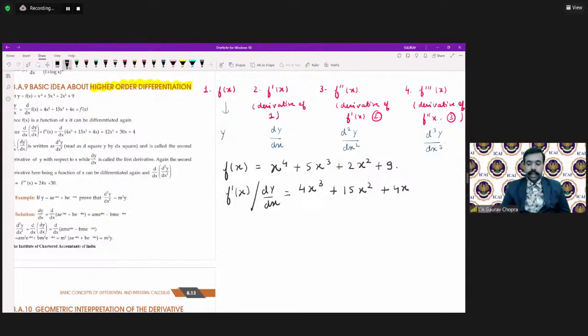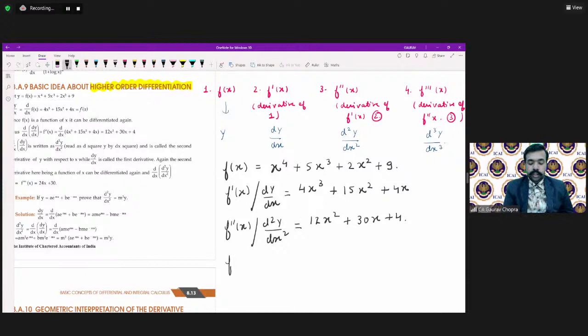Now we can find f double dash x or d square y upon dx square. That is the double derivative. That means derivative का भी derivative हमें find out करना है. So it is 12x square plus 30x and then plus 4. So this is the result.